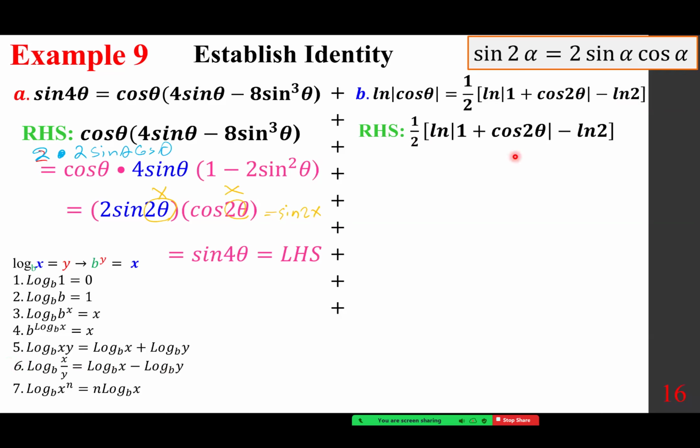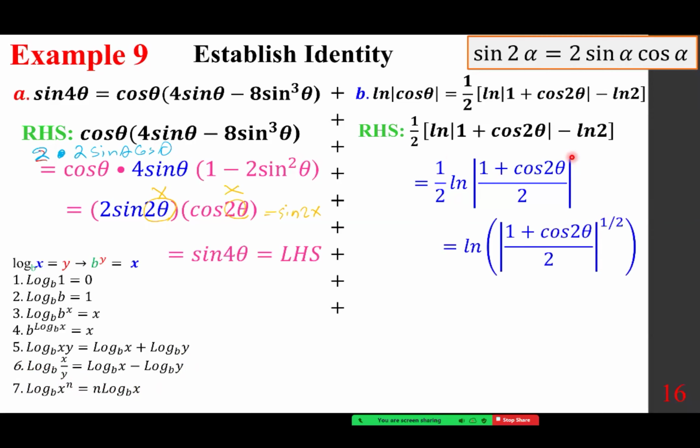So 1/2 ln of this over that, ln of 1 plus cosine 2 theta over 2. Now we're going to use number 7. This 1/2 becomes the exponent. Remember, this is called the power rule. This is called the quotient rule. In the case of the power rule, the power sits in front, becomes a coefficient. You can take it back and make it a power. So I take the 1/2 and make it a power. 1 plus cosine 2 theta divided by 2.